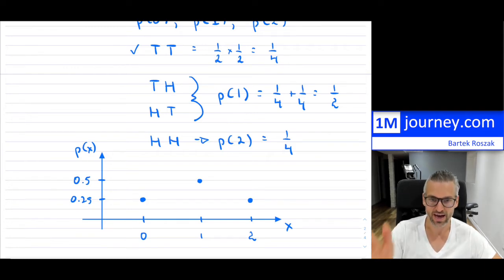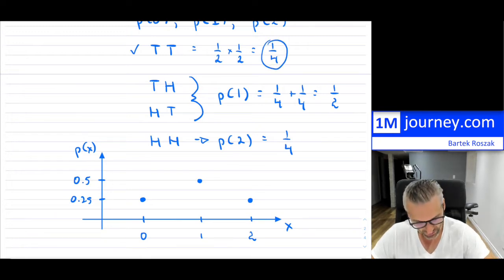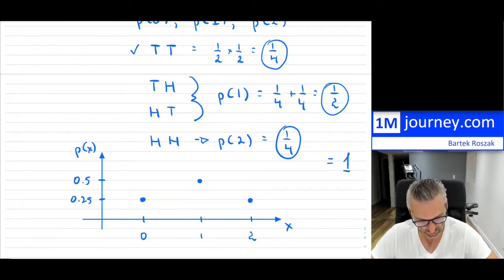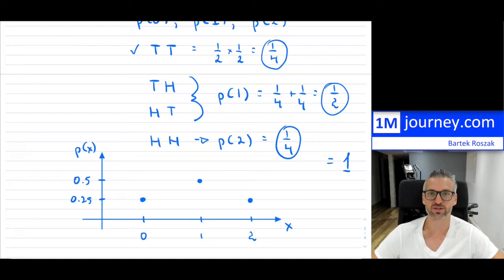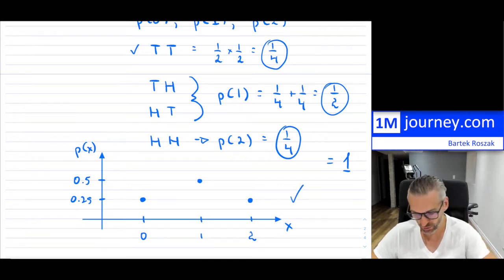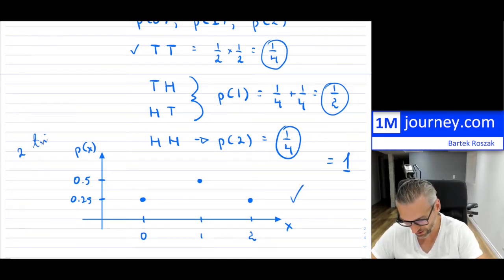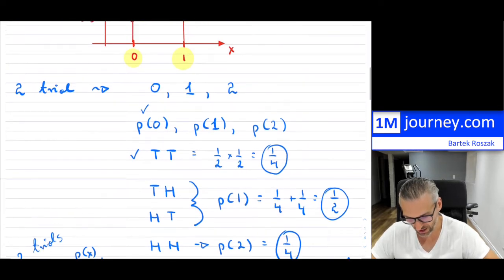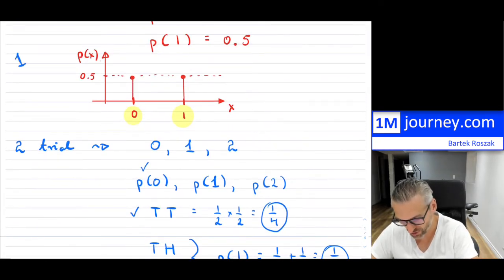You can see that if you sum up the entire thing, this plus this plus this, the summation is going to equal 1. That shouldn't surprise you, because if you sum up all the probabilities, they should sum up to 1. Now this binomial distribution was with 2 trials, and this one right here was with simply 1 trial.